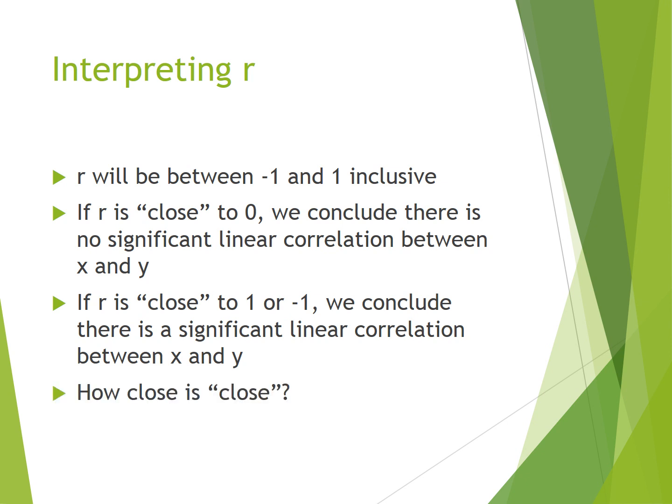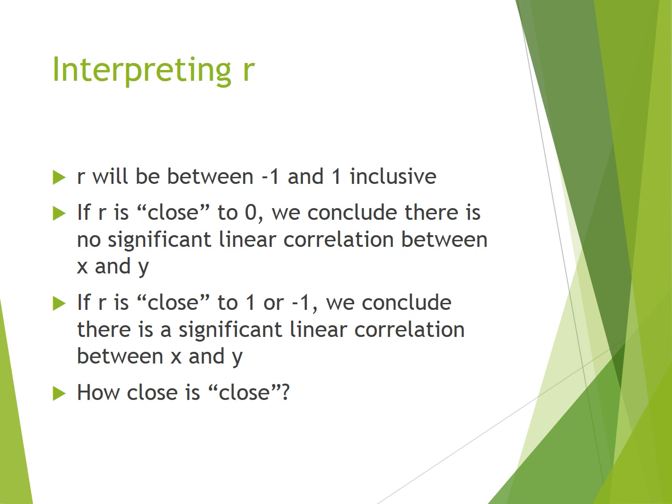And how close is close? Usually we say anything between 0.3 and -0.3 would be weak. But these are just guidelines, right? Between 0.3 and 0.5, or between -0.3 and -0.5, we would say there is a modest linear relationship.